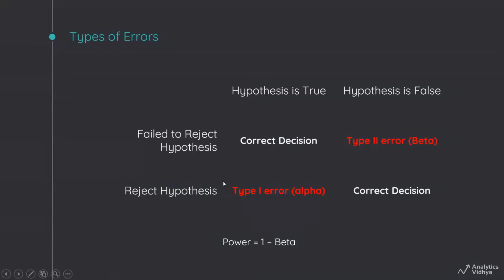Now, as we're dealing with hypothesis testing, there are 4 cases that you can broadly look into. One is your null hypothesis can be true or it is actually false. Again, taking the example of 14 milligrams, if my null hypothesis of 14 milligrams is believed to be true, we get these conditions.